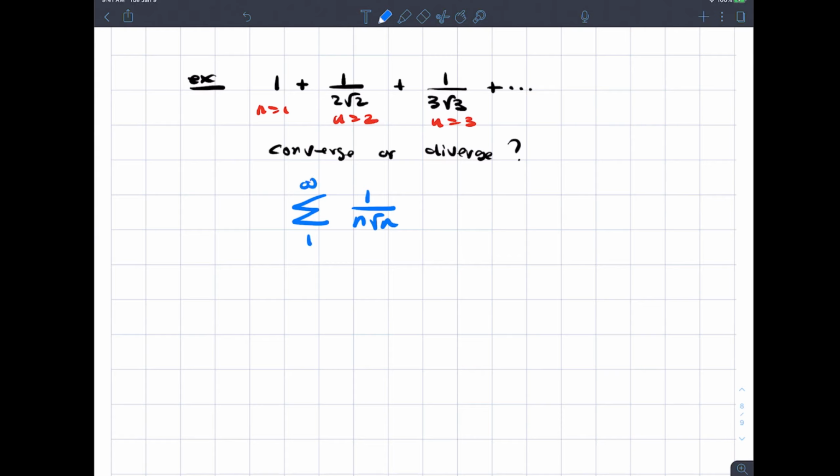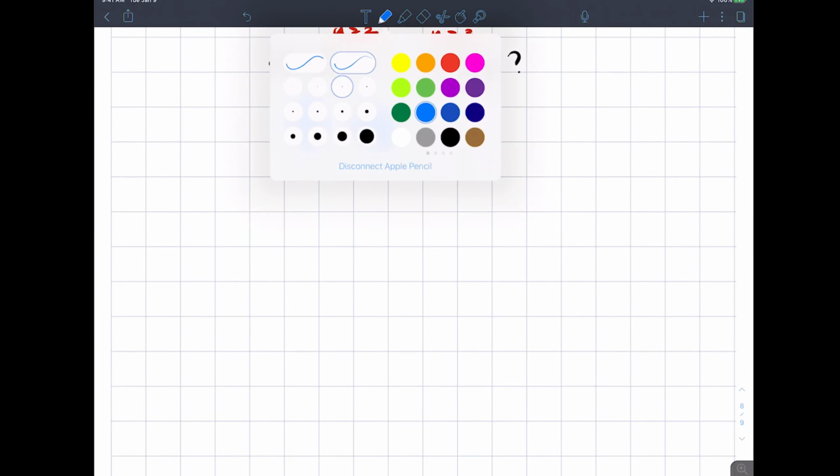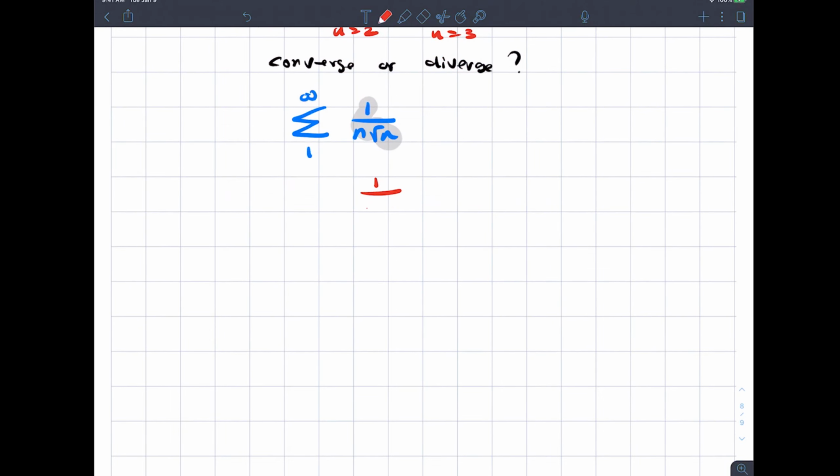So here's our series. Then using some algebra, this is really 1 over n times n to the 1/2, which is 1 over n to the 3/2.